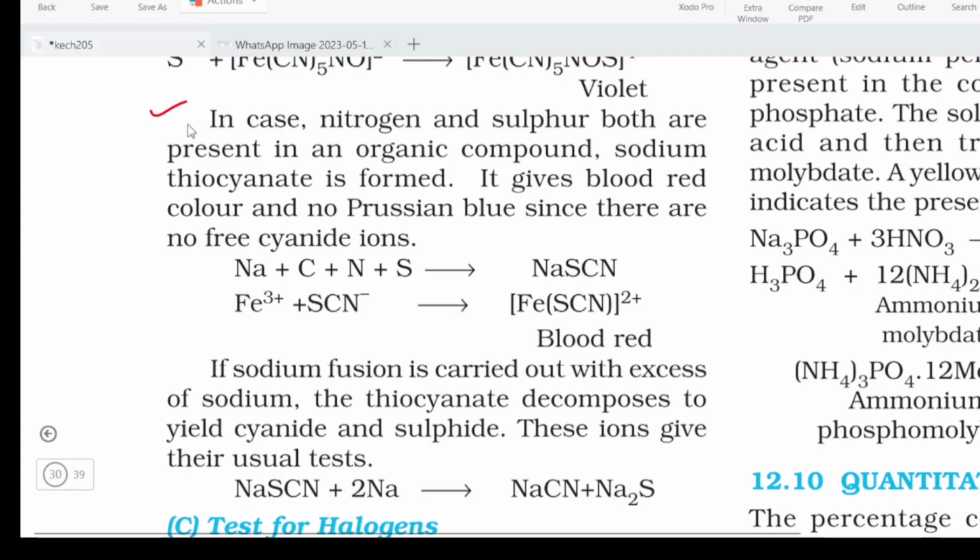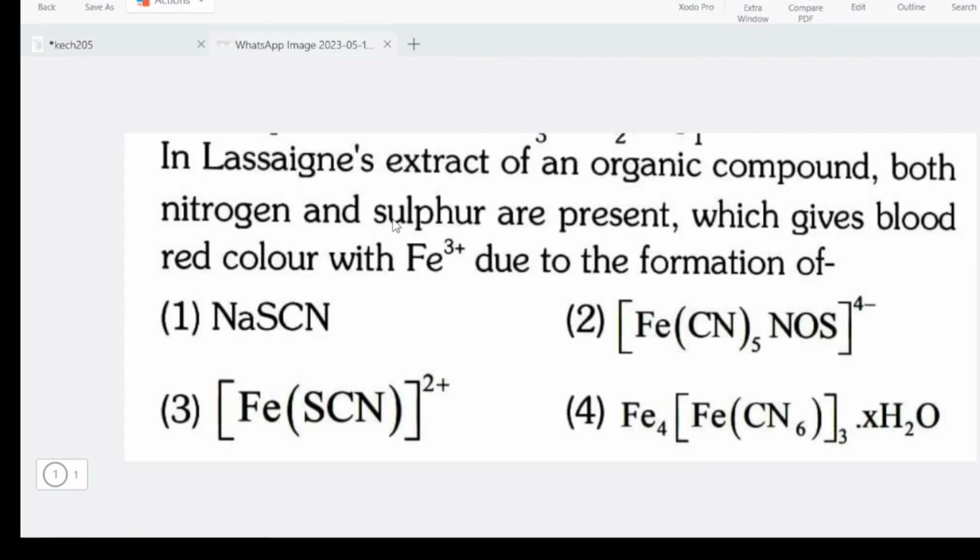Now this is the most important part, from where the question is set. In case both nitrogen and sulfur are present in an organic compound, it is written directly here, which is asked in your exam.